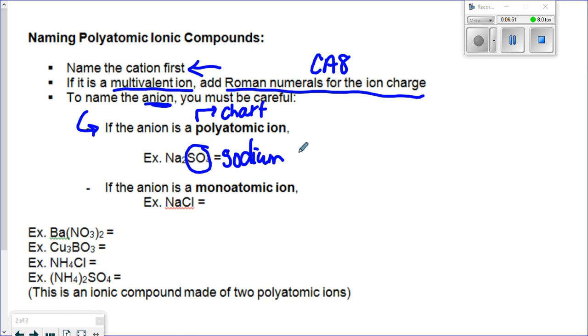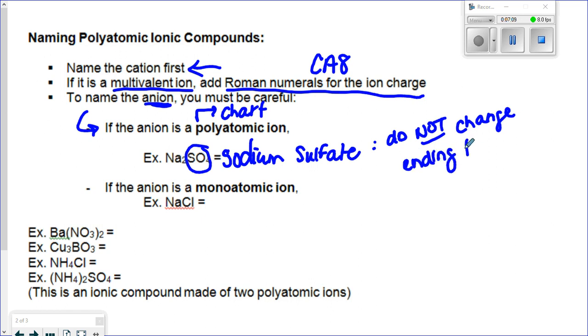So SO4 with a 2 minus we already figured out is sulfate. So if it's polyatomic, the big thing is you do not change the ending to IDE. You just write it as is.